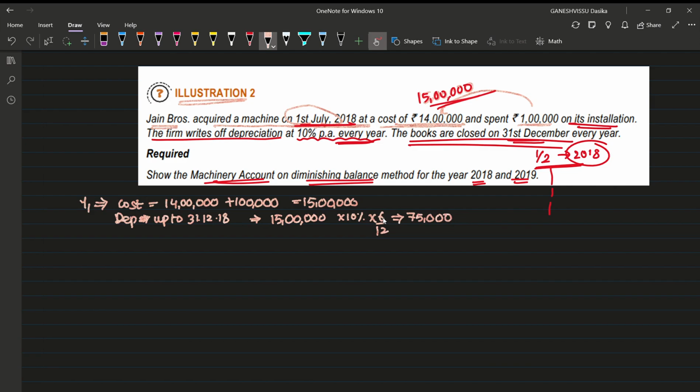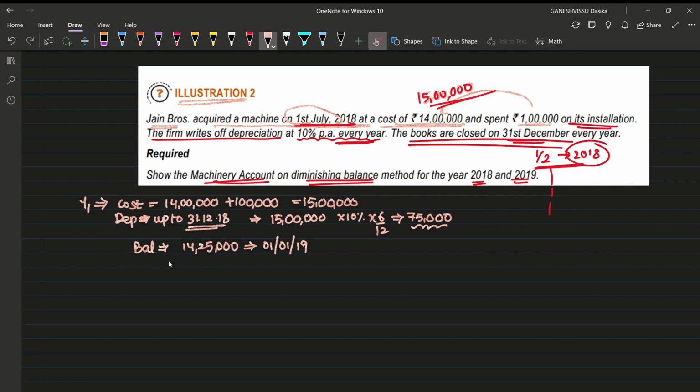So for year 1 both the depreciation amounts are the same. So this is the depreciation for the year ended 31st December 2018. What is the balance? 14 lakhs 25,000, right? And this is the balance as on 1st January 2019.